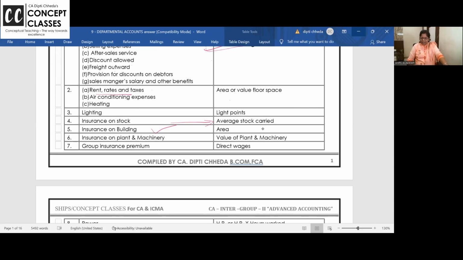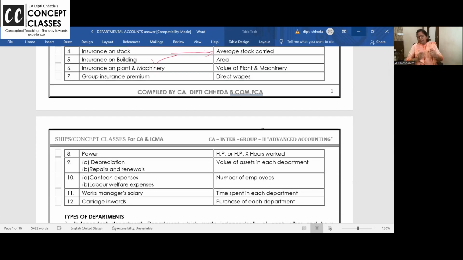Insurance of plant and machinery according to the value of the plant and machinery. Group insurance is paid for all the employees. So according to direct wages or according to number of workers working. If 10 workers are working in A department and 6 in B, then in 10:6 ratio, they can absorb the insurance expenses.